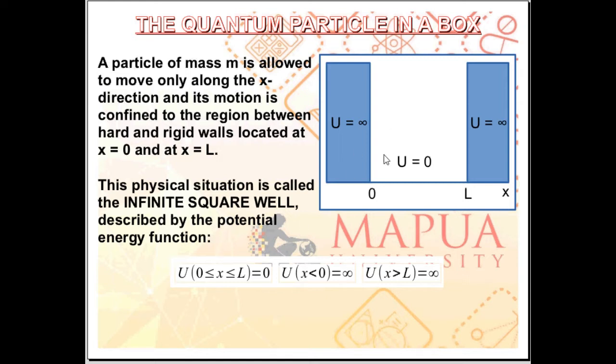For U at x is equal to 0 to x is equal to L, the particle is allowed to move freely along the x-axis, so U is equal to 0.